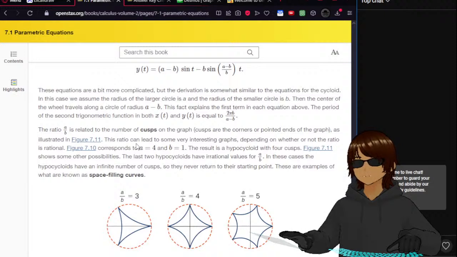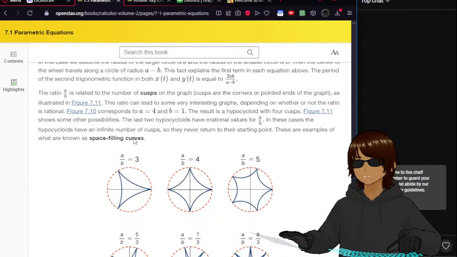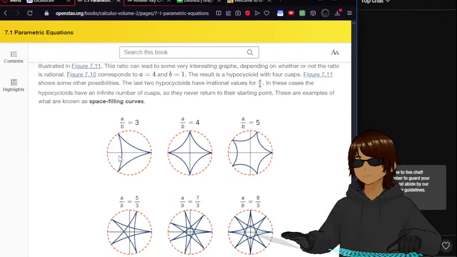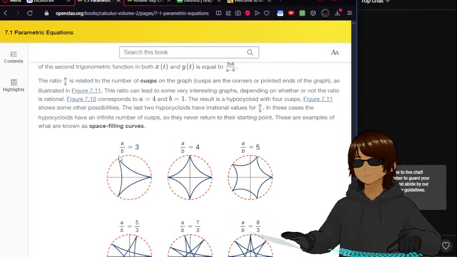This ratio can lead to some very interesting graphs depending on whether or not the ratio is rational. Figure 7.10 corresponds to a equal to 4 and b equal to 1. This results in a hypocycloid with 4 cusps.